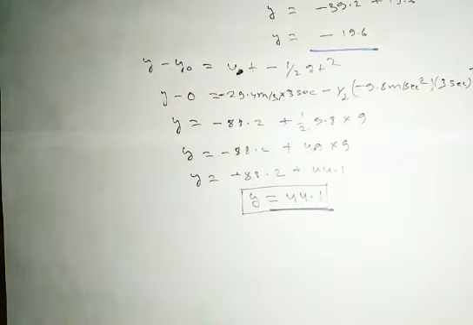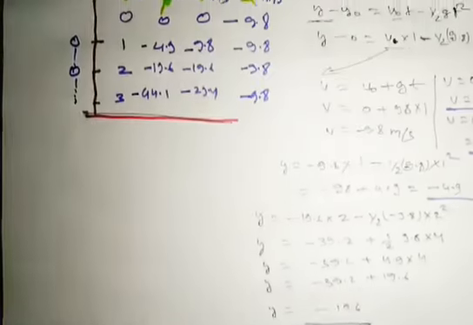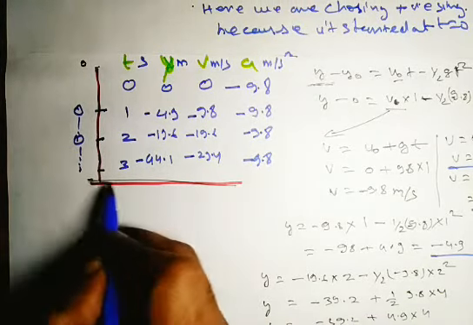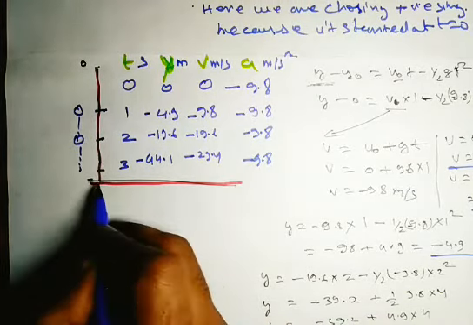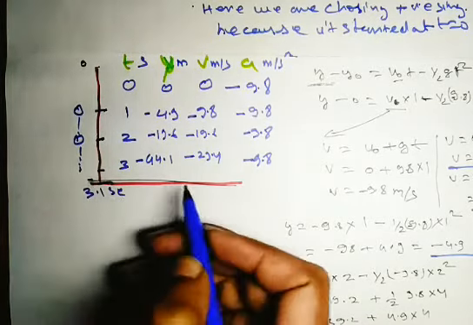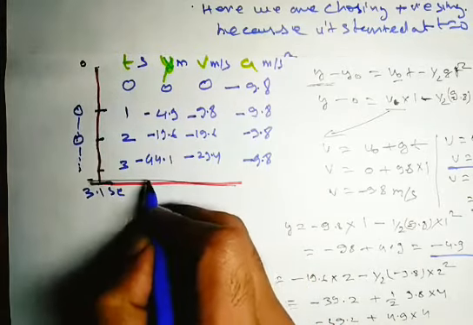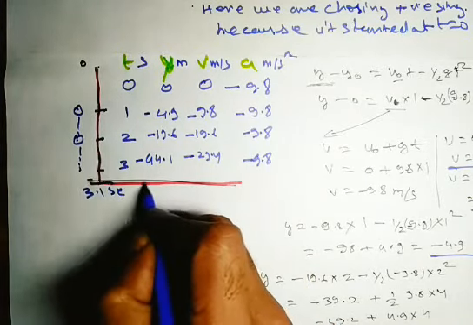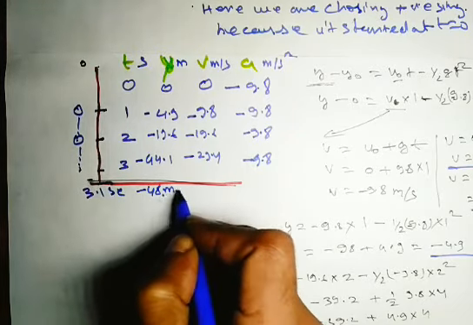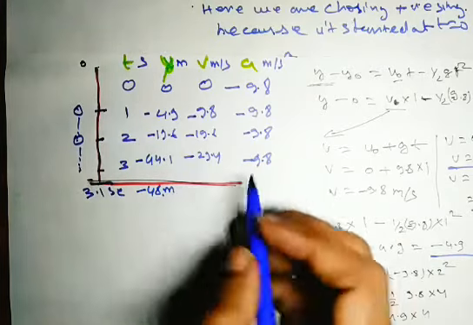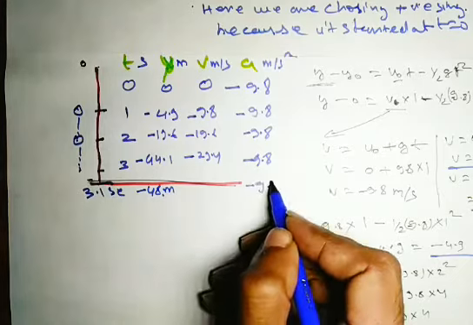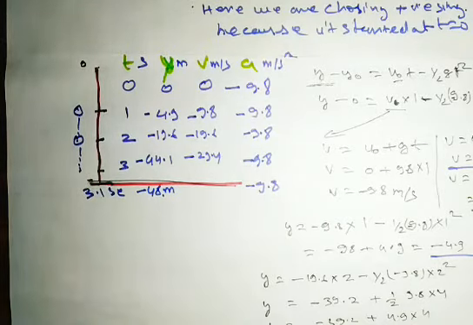So moving on, we also have to calculate the final velocity here, because we know the time is 3.1 seconds, and we also know the height, which is negative 48 meter, and we don't know the velocity. We also have the acceleration, which is negative 9.8.